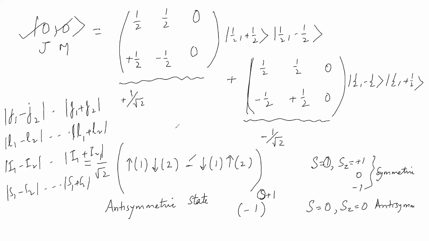Then the important point is that the projections are algebraically added. Projection means one has a projection M1, another has a projection M2. This M2 can have a positive or a negative sign, and this M1 can have a positive or negative sign.